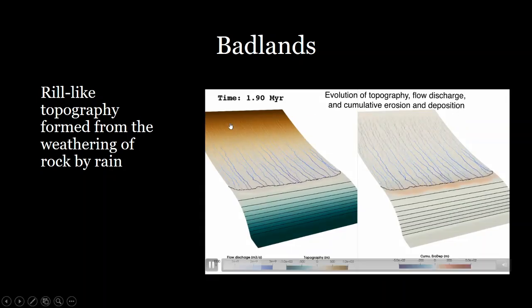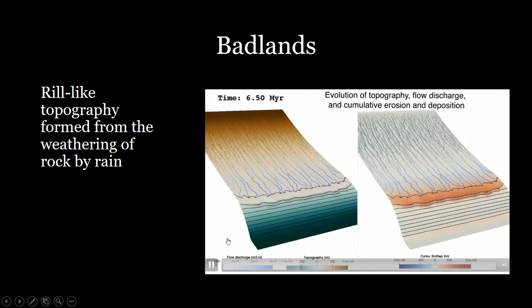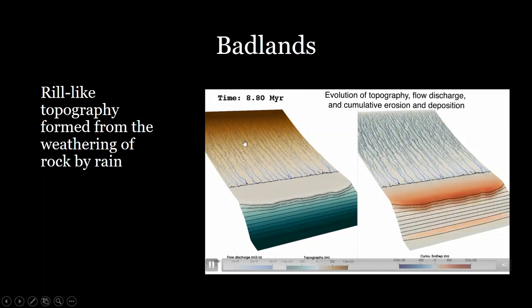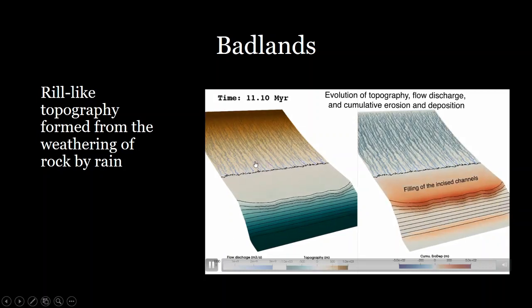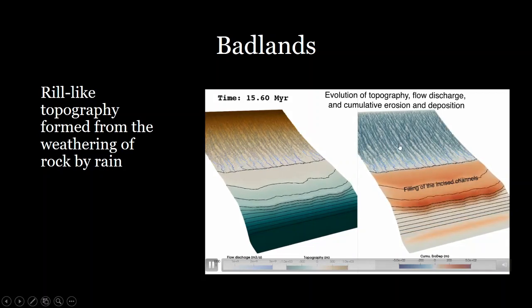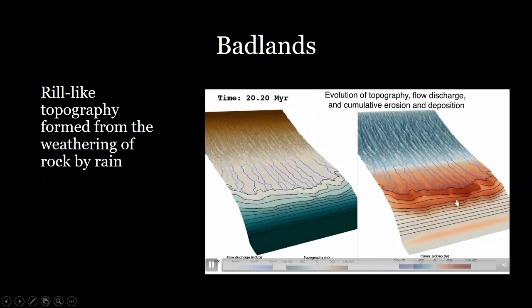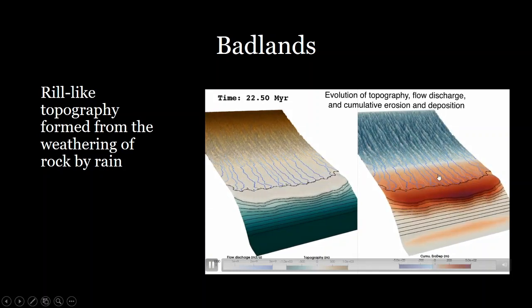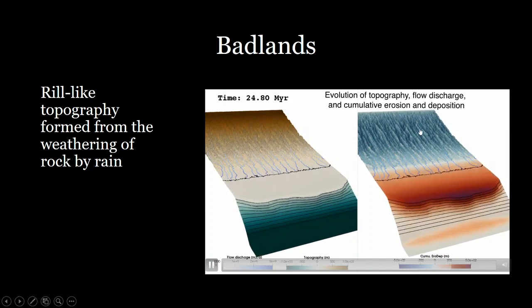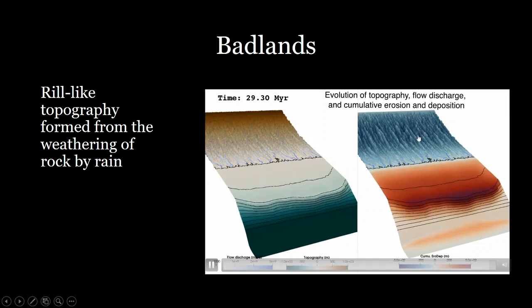And so as you apply this rainfall, you have discharge that's being diverted into these rills. And as you do, the topography gets more and more rough, and you have erosion occurring upland and deposition occurring near the shoreline. And so this rill-like structure that develops over time is the Badlands.